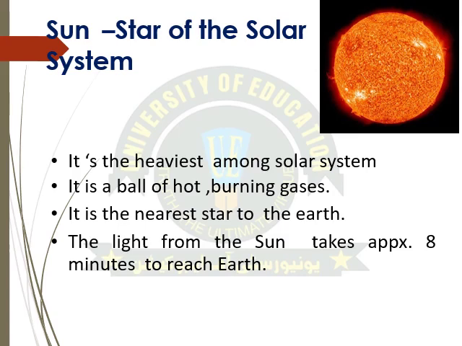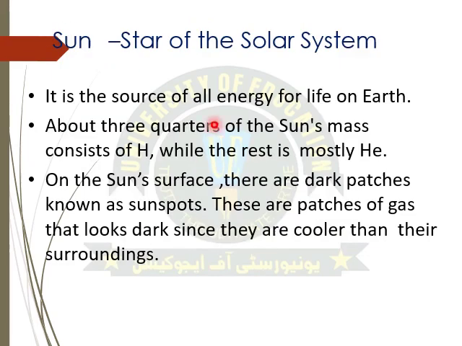In the absence of the sun, no living organism can live on this planet. As I have already told you, the sun is the basic source of energy for life on Earth. About three-quarters of the sun's mass consists of hydrogen gas, while the rest is mostly composed of helium gas.